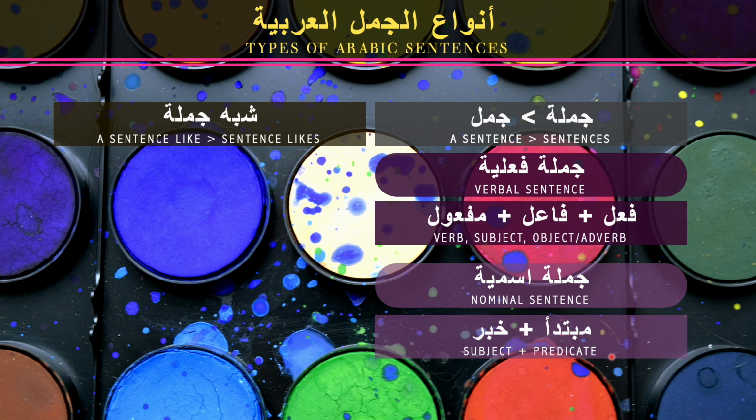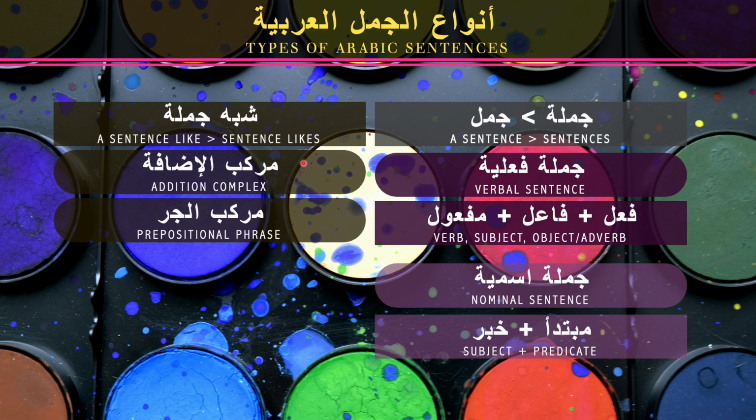We have a lot of complex sentences where we have a semi-sentence as a part of a verbal sentence or a nominal sentence, and sometimes we have more than one verbal sentence inside a nominal sentence, and so on and so forth. Just want you to know there are very simple and straightforward sentences, nominal and verbal, with a single word in each composition, but sometimes we have more than one word in each. That is just a very simple explanation of how Arabic sentences are formed.